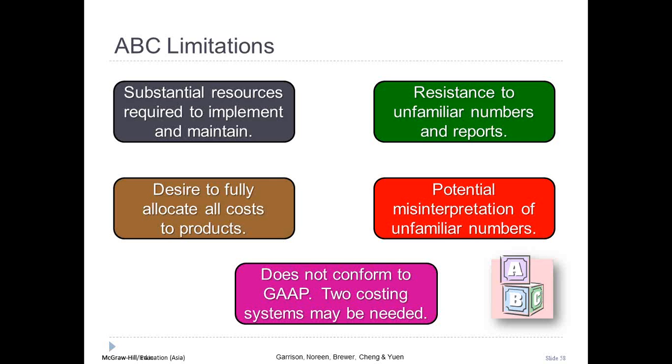Costs assigned to products, customers, and other cost objects are only potentially relevant. Finally, most organizations use ABC as a supplement to, rather than a replacement for, their existing cost system. Maintaining two cost systems is costlier than maintaining just one, and it may cause confusion about which set of numbers to rely upon.